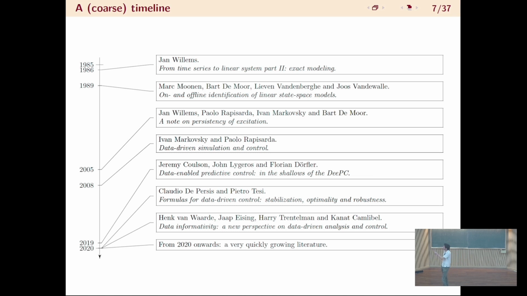So I will talk about this fundamental lemma by Jan Willems and others. And then there is kind of another gap in the literature. So that fundamental lemma was already used by people like Ivan Markovsky and Paolo Rapisarda to do analysis and control design.